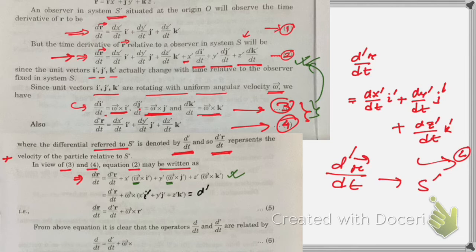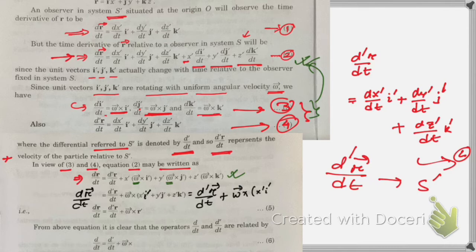So dr vector by dt is equal to d dash r vector by dt plus omega vector cross x dash i dash.